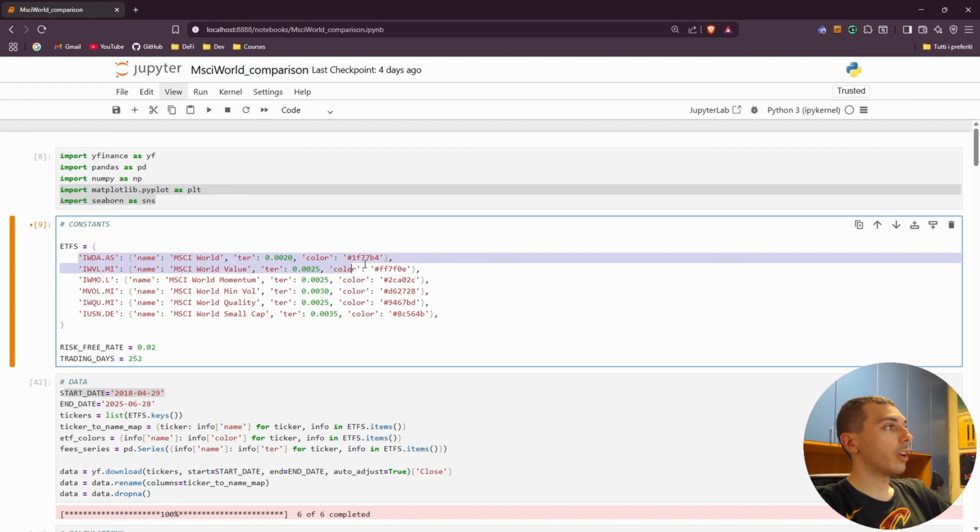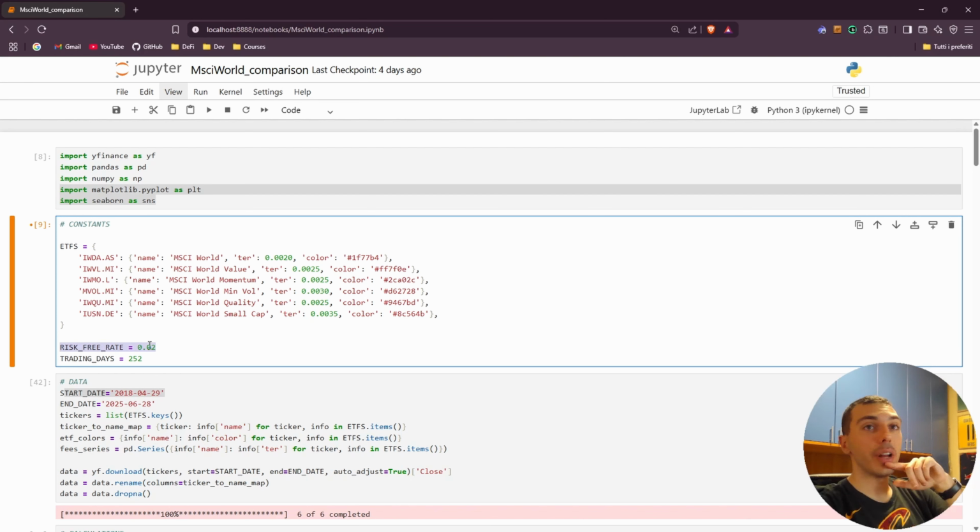Each ETF has its ticker symbol, its name, the total expense ratio, which is basically the annual fee charged by the fund, and a color for plotting we'll be using later. We also defined a risk-free rate of 2%. Think of this as the return on a very safe investment like government bonds.